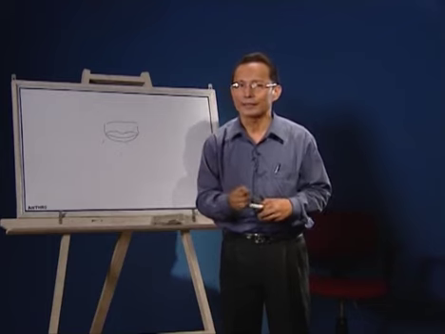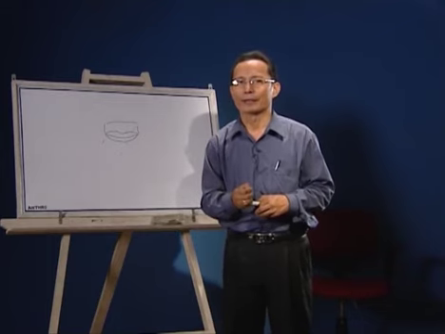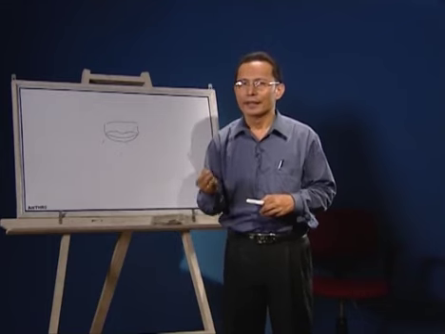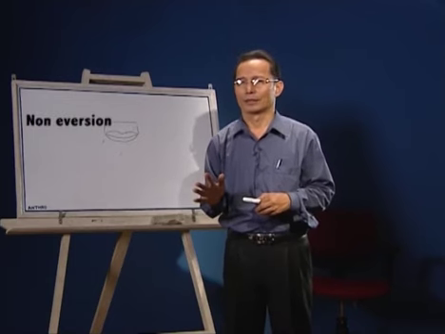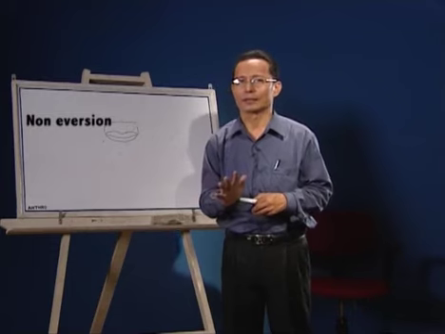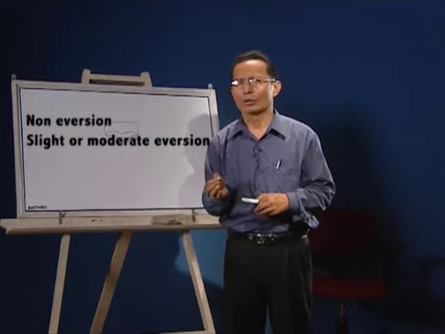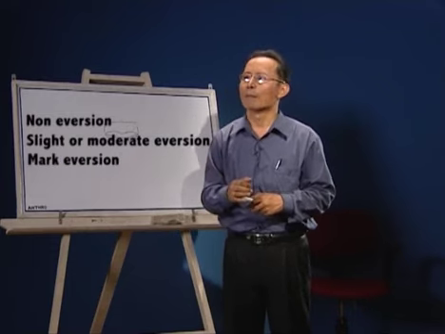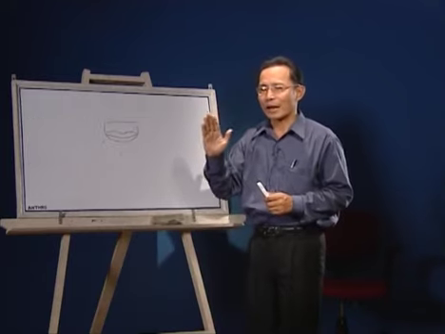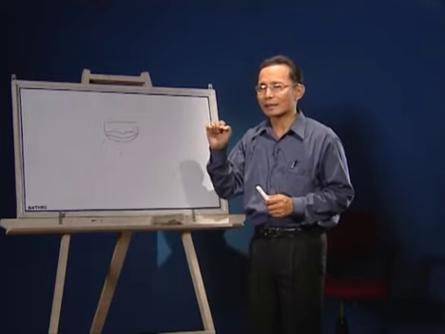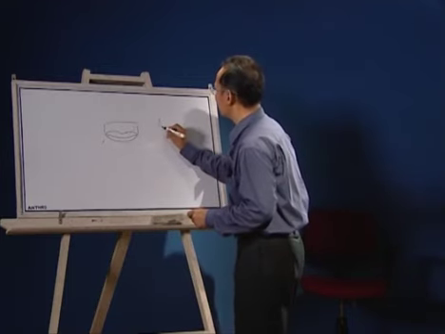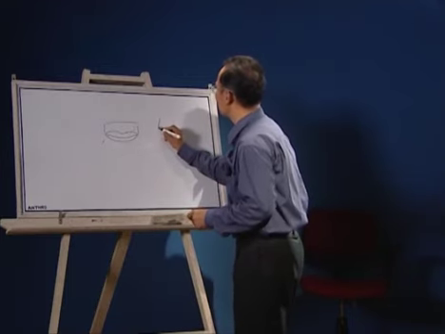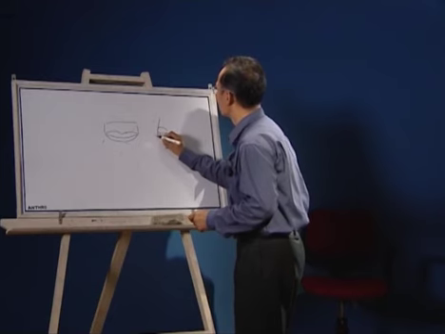Now coming to eversion, leaf eversion, we have none, that means no eversion or almost eversion absent, then slight or moderate eversion and marked eversion. When we observe an individual from the profile view, the lips are something like this.